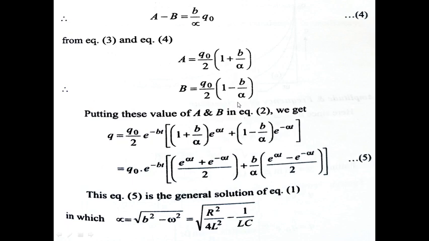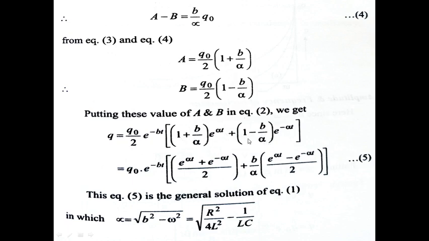Now using these values of a and b in equation 2, equation 2 becomes q is equal to q0 by 2 exponent of minus bt in bracket 1 plus b by alpha exponent of alpha t plus 1 minus b by alpha exponent of minus alpha t.